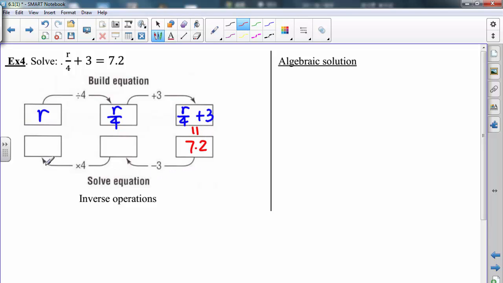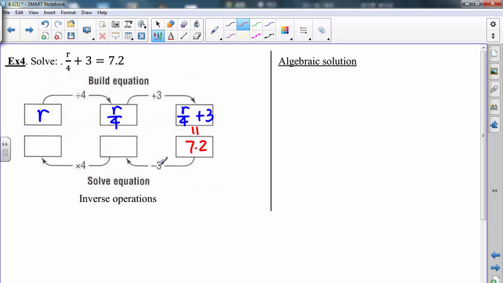When I want to find the r value, I need to reverse the order as well as the operations. So adding 3 becomes subtracting 3. So I need to subtract 3 from 7.2 as the first step when I solve for r.